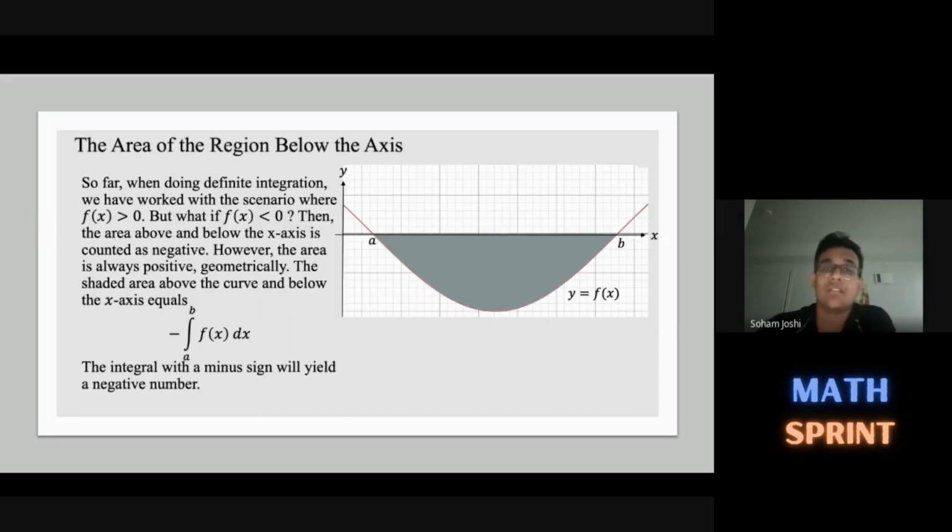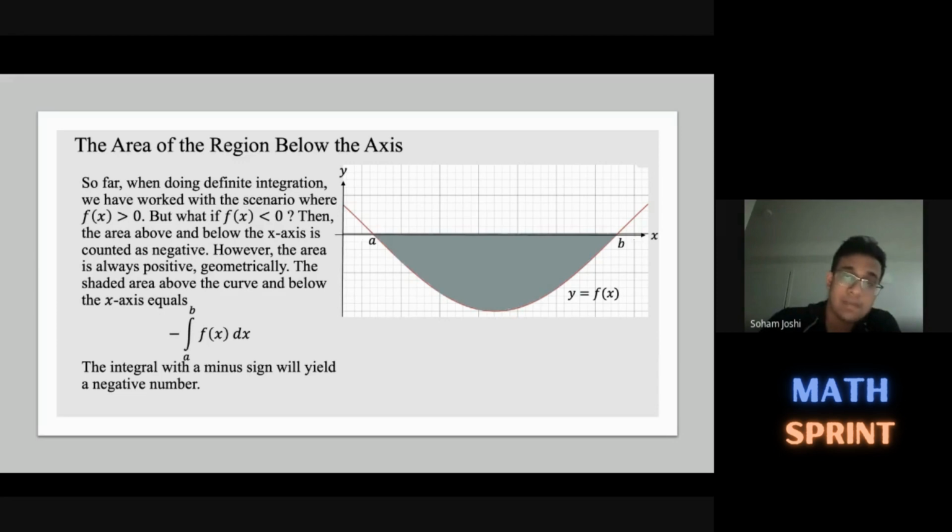Okay, so the area of the region below the axis. So far in the problems that I've shown you, we've always worked with an interval where the graph of the function was in the positive, like it was above the x-axis. But what if it was below the x-axis? So in the negative y-axis region, we have f of x is less than 0.